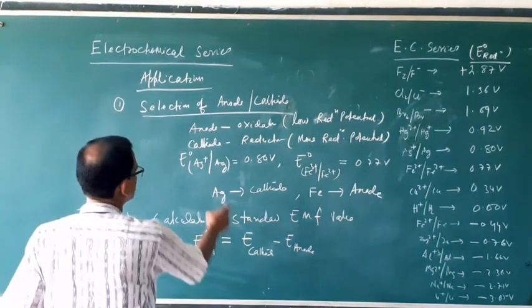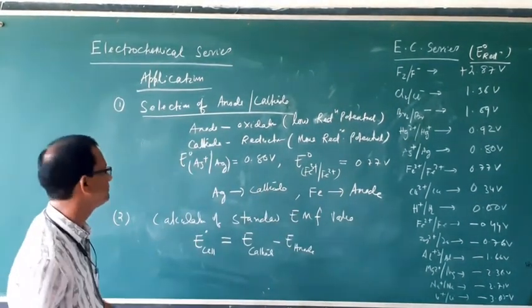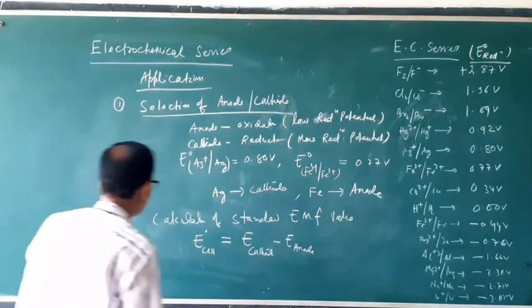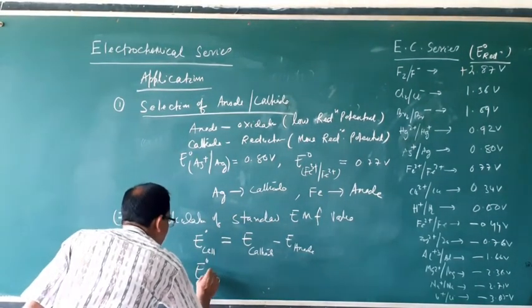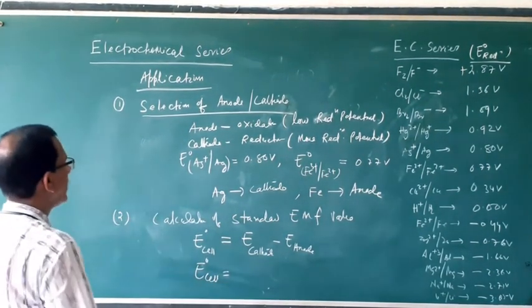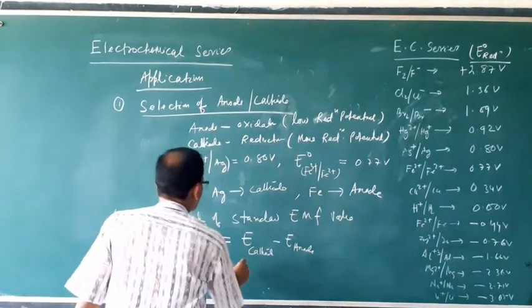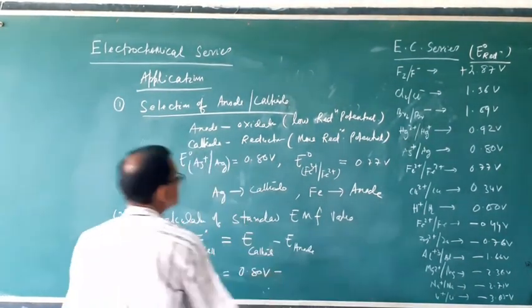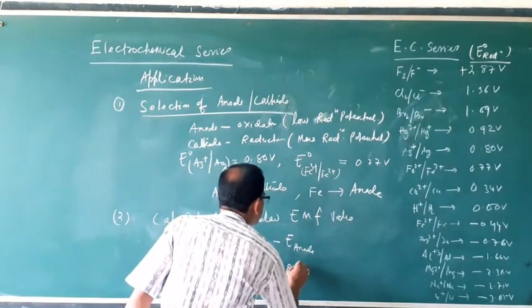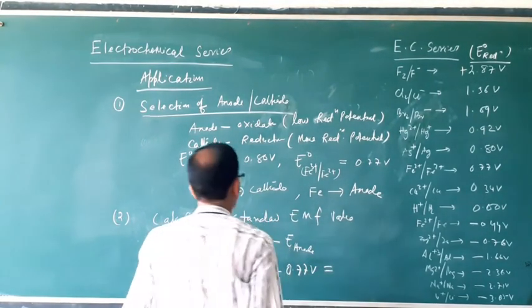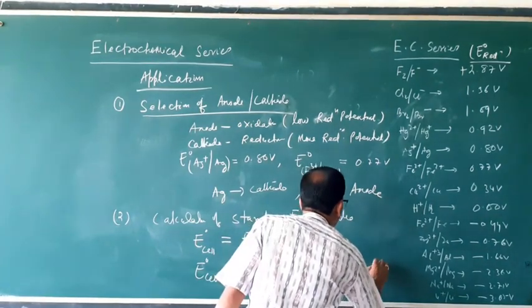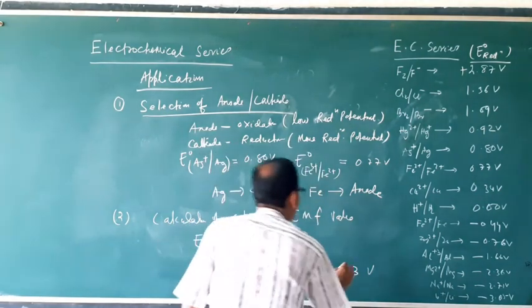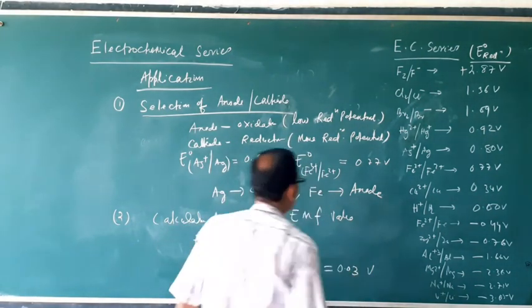Suppose you take these two half cells, silver half cell and iron half cell. In the above case, what is the standard E naught value of this cell? It will be the higher value, 0.80 V minus 0.77 V. Your answer is 0.03 volt.